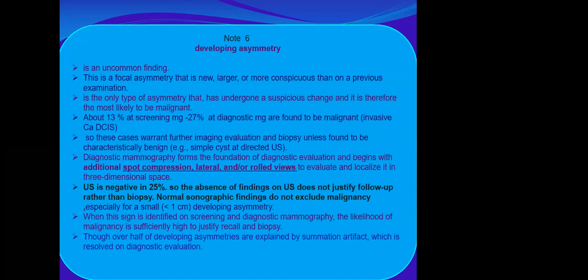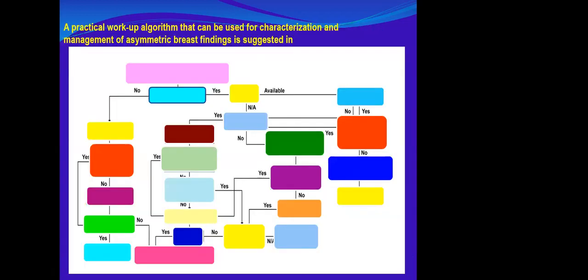Though over half of developing asymmetries are explained by summation artifact, which resolves on diagnostic evaluation, we have to consider it suspicious and make sure there is no underlying malignancy. Benign causes that may be suggested by patient history include hormonal replacement therapy, trauma, surgery, and mastitis.